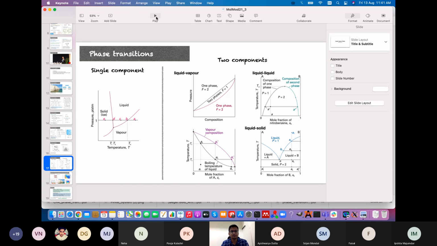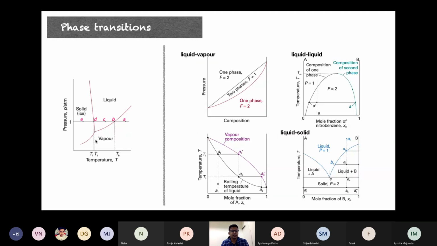Great. So let me quickly go to the last two slides. I think we have 9 minutes. Again, I discussed the pure component phase diagram, and this is water. Then we can have a mixture, multi-component. You can have two types of components in a system, and then you can study liquid-vapor transitions.